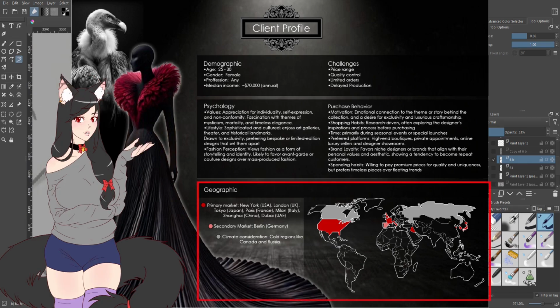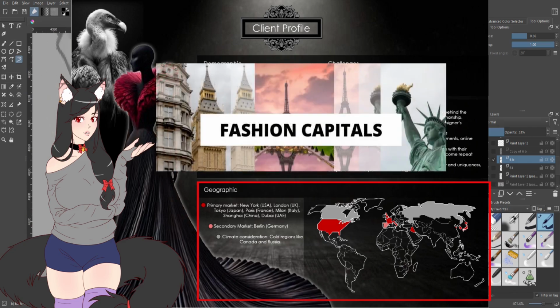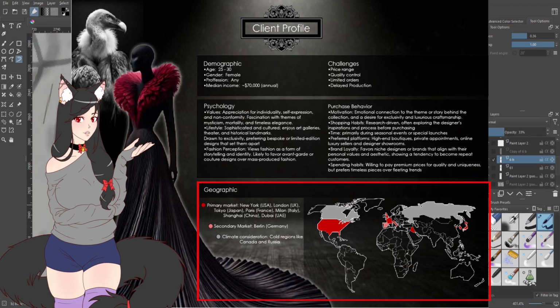Moving on to geography, my primary market would be the fashion capitals, aka New York, London, Tokyo, Paris, Milan, Shanghai, and maybe also Dubai, which is a rising fashion capital as we can see in the modern day. My secondary market would be another rising capital, which is Berlin, Germany. As well, climate consideration could be colder regions.